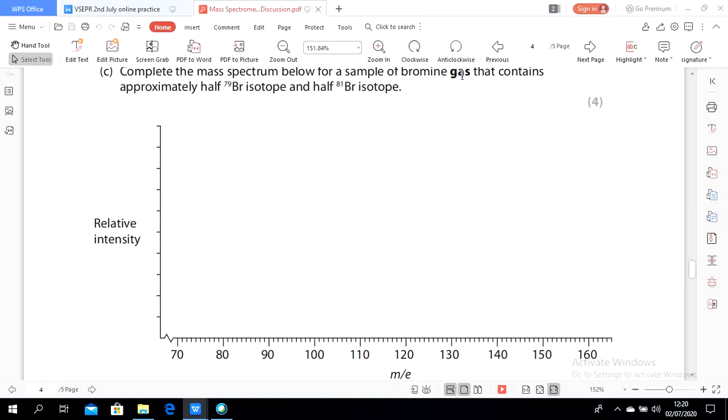So there are 3 possibilities. Remember yesterday that I told you Br 79 and 79 will form one height. 81 with 81 also one height, while 79 and 81 will be 2 times. So the ratio is 1 to 1. If you could remember, M plus 2 peaks and M plus 4 peaks. Please open the presentation about that one.